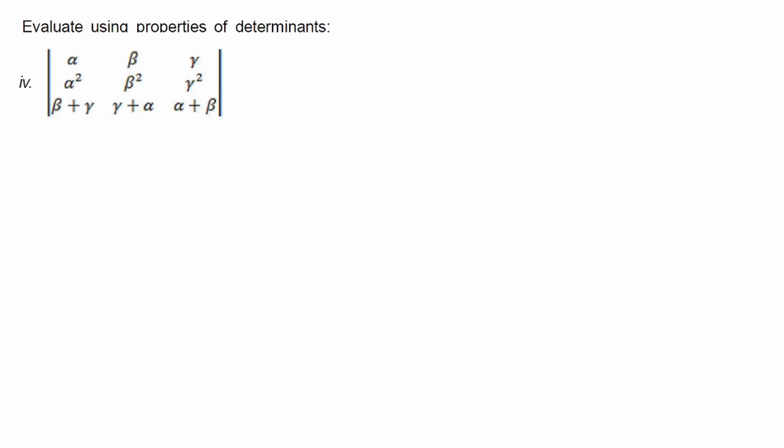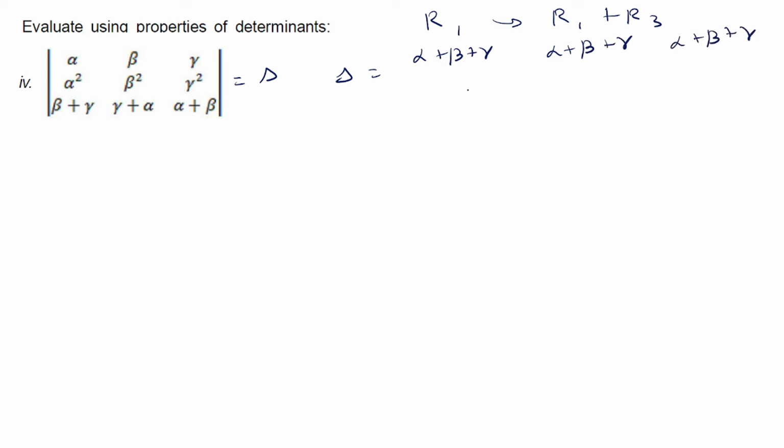The next question, determinant of alpha, beta, gamma; alpha square, beta square, gamma square; then beta plus gamma, gamma plus alpha, alpha plus beta. So let us take this as equal to delta. So let us use the properties of determinants. R1 changing to R1 plus R3. So we have delta is equal to alpha plus beta plus gamma, then again alpha plus beta plus gamma, and alpha plus beta plus gamma.